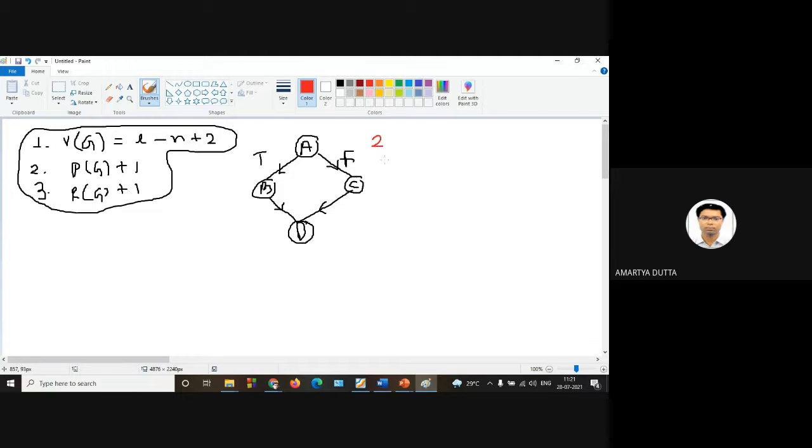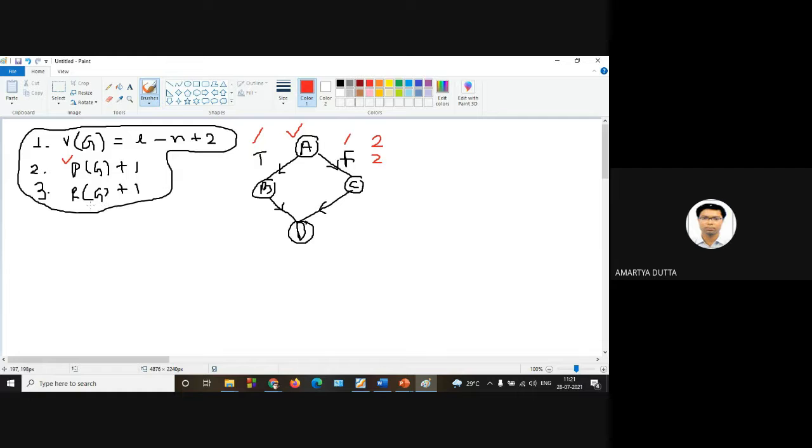The cyclomatic complexity is 2. What is a predicate node? A predicate node means the decision making node. Here the decision making node is A, because from this node we can go either this way or that way; we can get either B or C. So the number of predicate nodes is 1, and 1 plus 1 is 2.